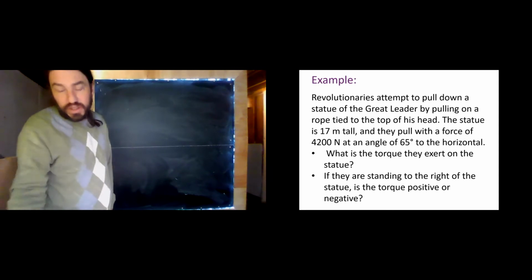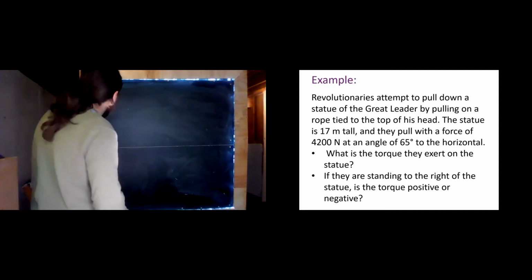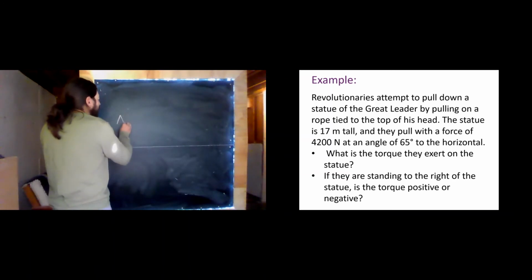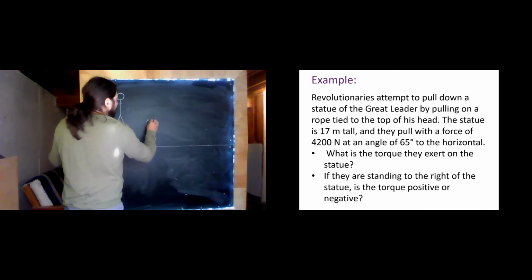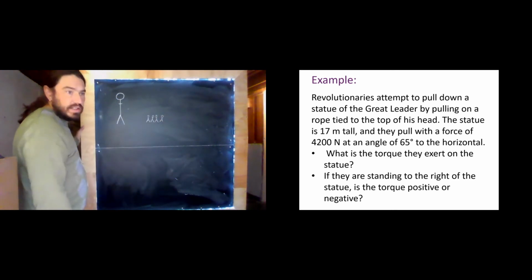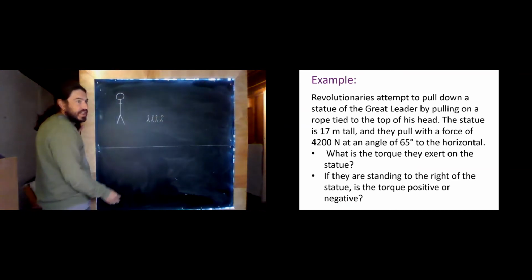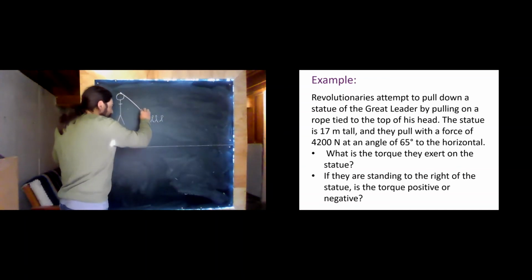Well, let's go ahead and draw our picture with the revolutionaries standing to the right of the great leader. It might not be that great. Okay, here we go. Great leader. Here's my revolutionaries. They are standing to the right. They have attached a rope to this guy's head.